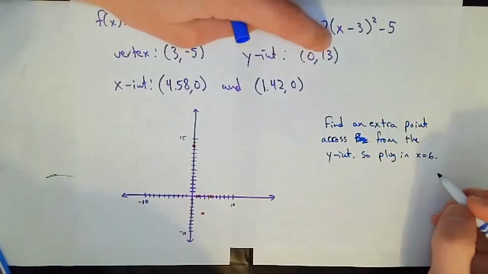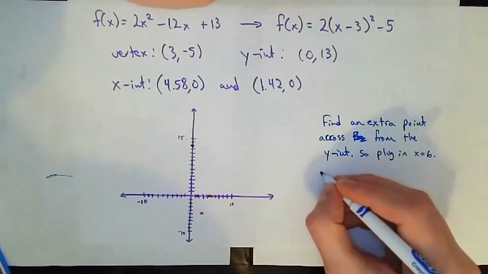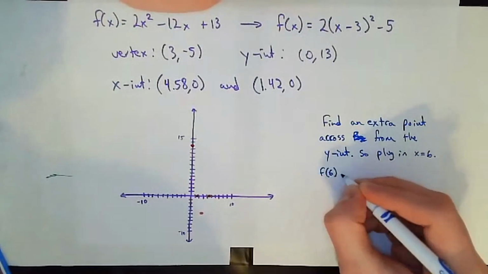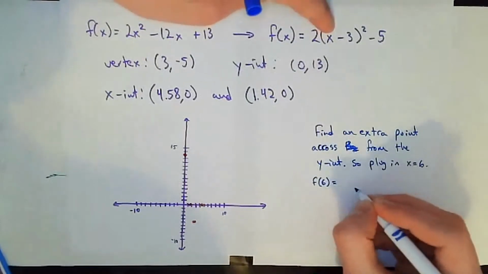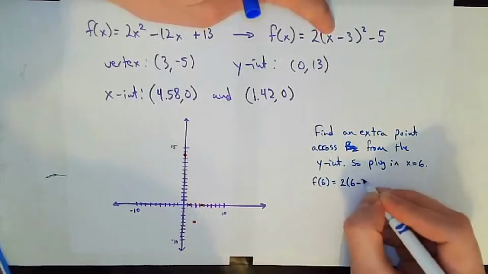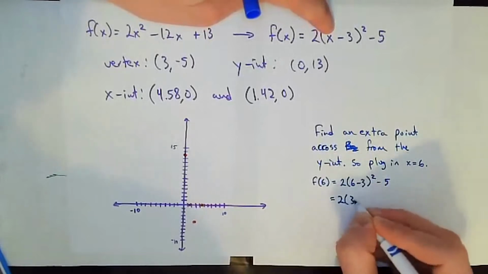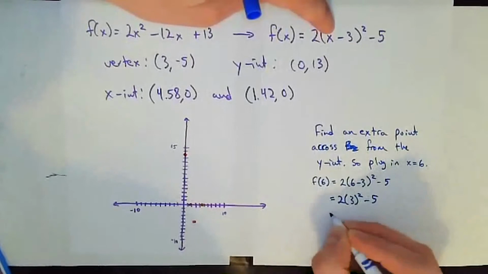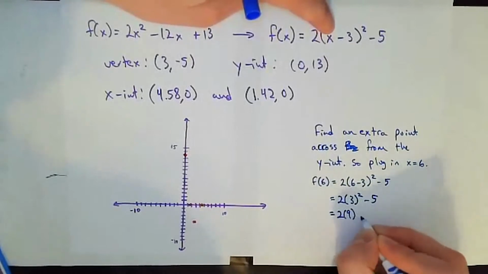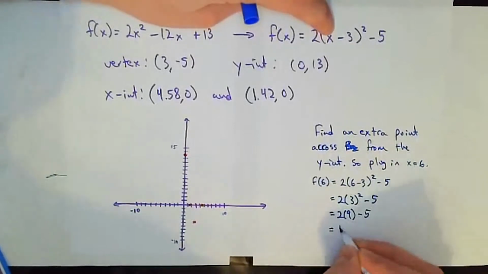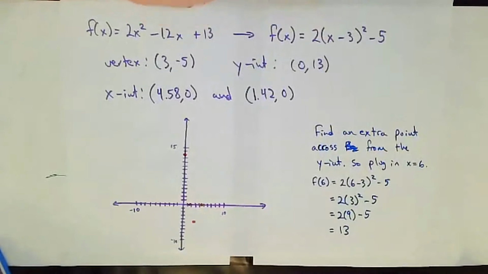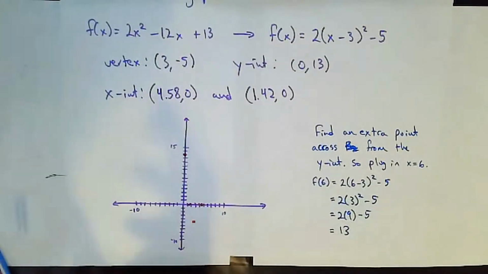So plug in x equals 6. Let's see what we get. f of 6, I'll plug into this form here, is equal to 2 times (6 minus 3) all squared minus 5. That's going to be 2 times 3 squared minus 5. That's going to be 2 times 9 minus 5. That's 18 minus 5, which is 13. Nice. So I got an extra point just by noticing the symmetry, right?